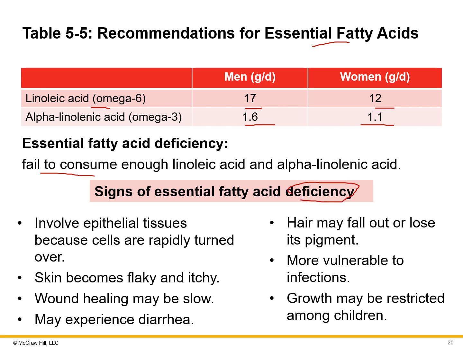Because again, if something is essential, it means if we don't have it, we start to see negative effects. So this can involve a rapid turnover of epithelial cells, like our skin flaking off. So flaky, itchy skin, wounds aren't going to heal quite as well. Even diarrhea can occur from that, hair falling out, vulnerability to infections because we don't have those eicosanoids to help with our immune system, and even impaired growth in kids.